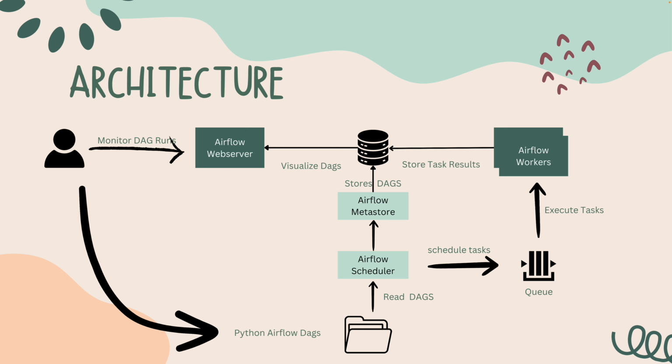The overall process involved in developing and running Airflow DAGs at a high level is organized into three main components: the Airflow scheduler, the Airflow worker, and the Airflow web server. What really happens is that you create DAG files and put them into a folder. Let's say you have a DAG folder where you have multiple DAG files, Python files specifically.